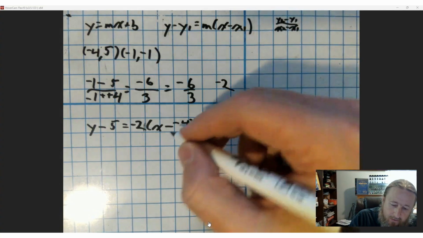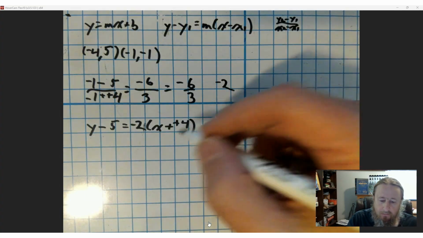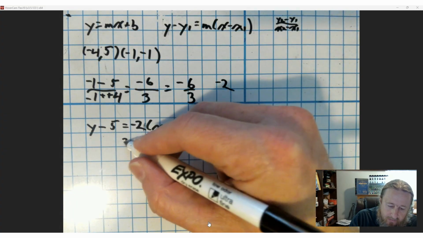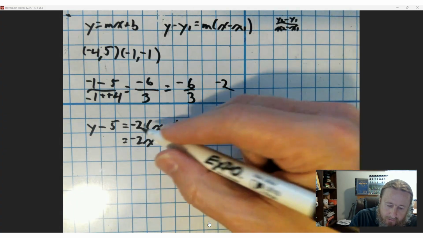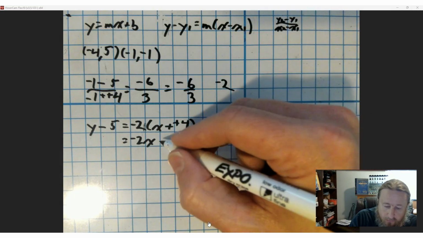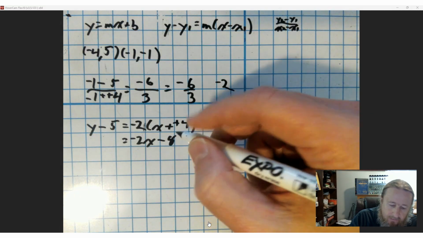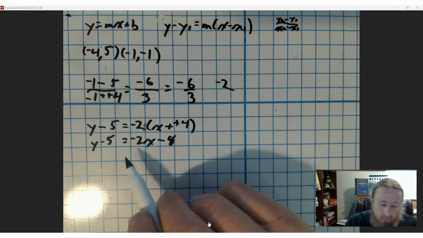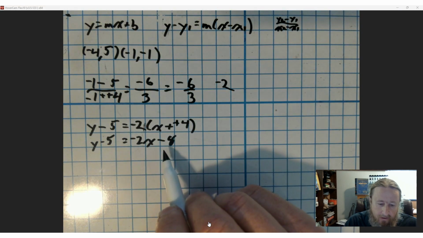So we need to clear out the negatives here, and we get +4. -2 times x is -2x. -2 times +4 is -8. y minus 5 equals -2x minus 8.